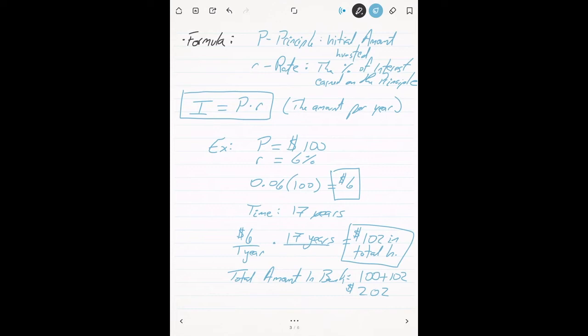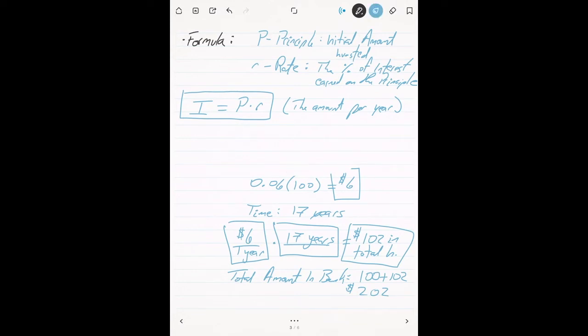What could a formula for that be? What did we do to figure this out? Well, we took the interest amount and we multiplied it by however many years it's been. Because remember, this simple interest works annually. You only get your interest check once a year. So take your interest and multiply it by however many years you've been collecting. Let me get some space here.